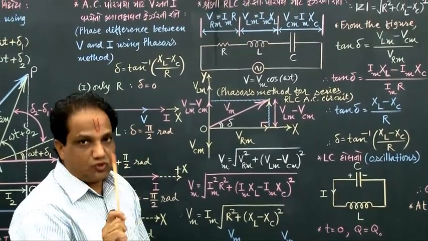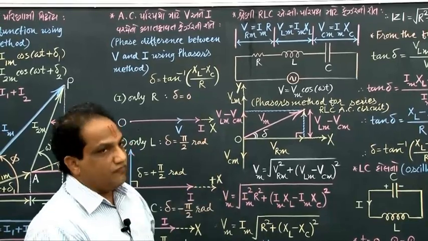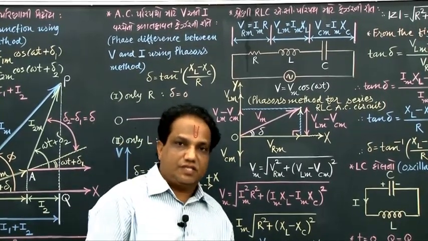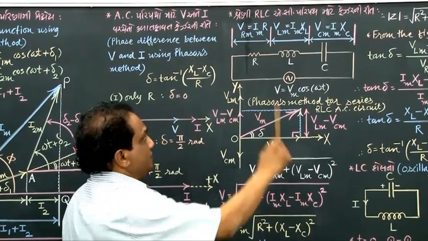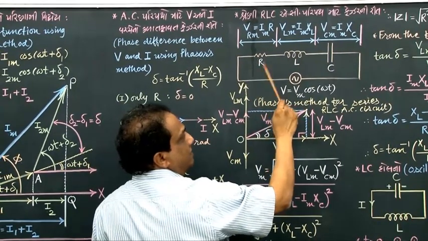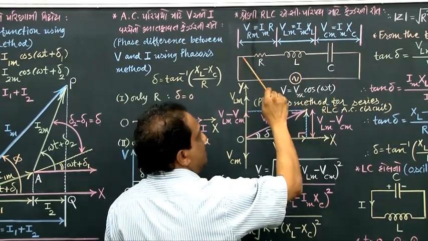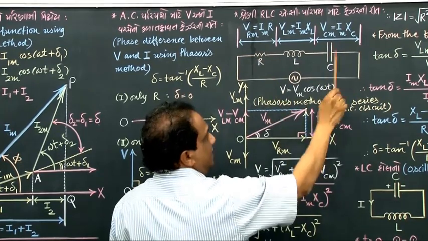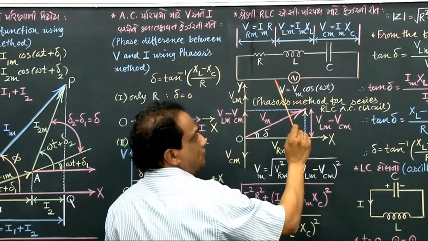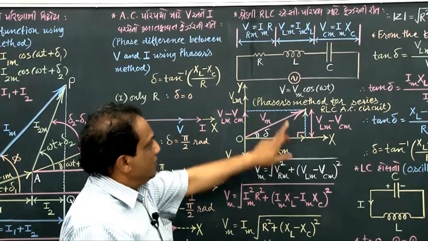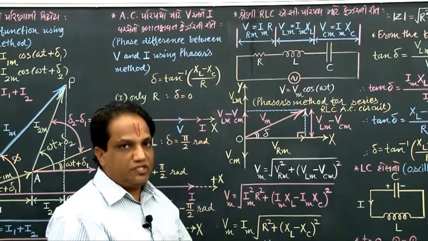How to get it? I am showing you. Consider one series RLC AC circuit in which a series combination of resistor, inductor and capacitor is connected across an AC source.